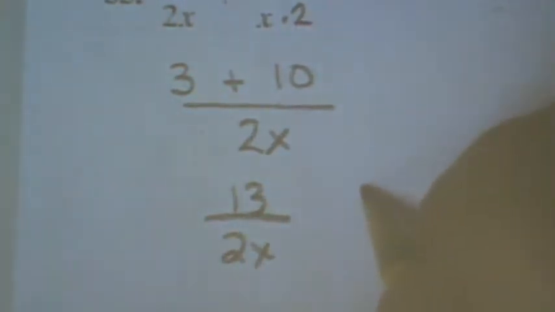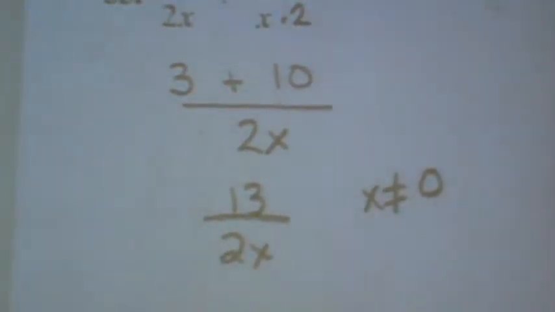So what do you get? 13 over 2x. Plus 10. What is 3 plus 10? X can't be 0. Is that one easy? Yeah.